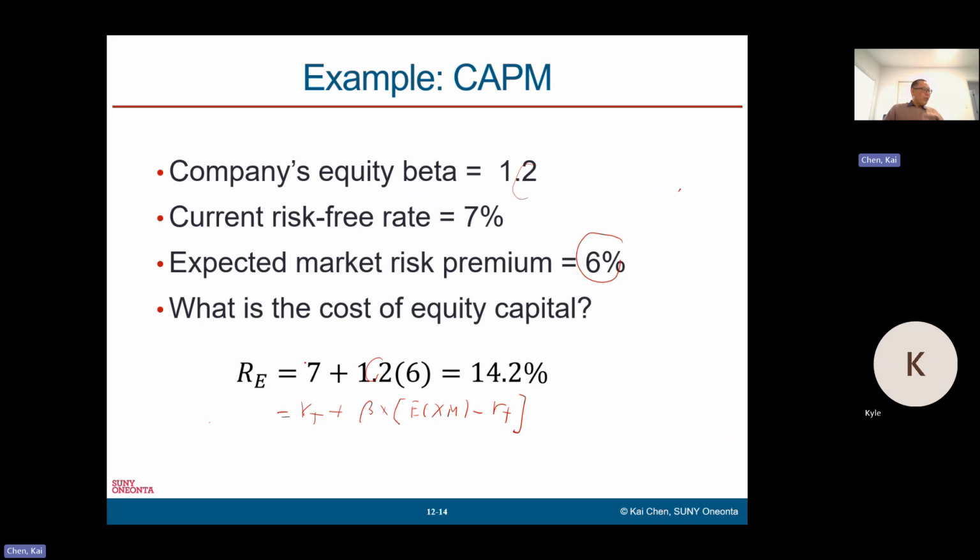Here I'd like to point out that in this situation I use percentages; the return is expressed as a percentage. Of course, if you use decimals, you can get the same result. Also, CAPM is one of a few formulas in which you can use percentage to measure the return.